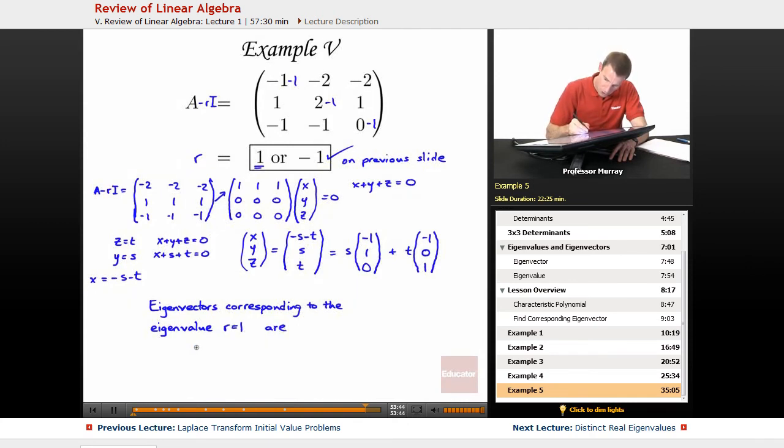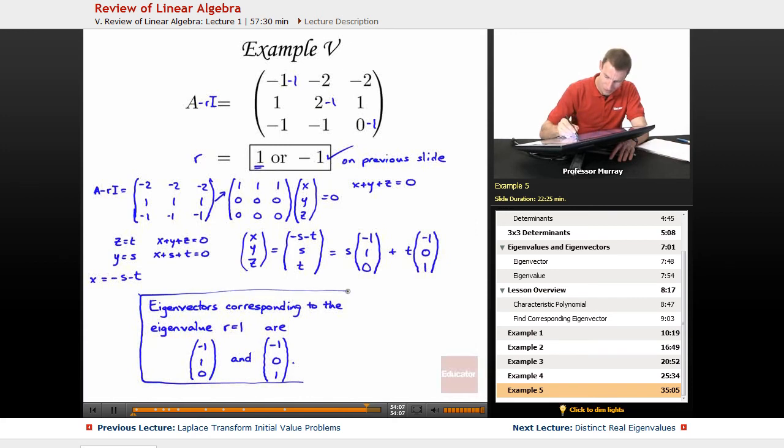My eigenvectors are negative 1, 1, and 0, and negative 1, 0, and 1. So I'm finally finished with finding eigenvalues and eigenvectors there.